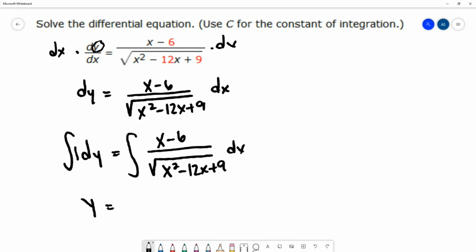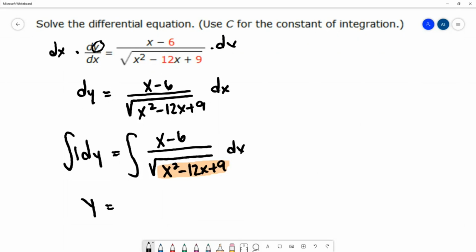One of the suggested substitutions is to choose something that is inside a radical in the denominator of a fraction, or inside something in general. So I see that I have inside this radical x squared minus 12x plus 9. And we're trying to choose something that has the derivative there. I've got an x squared.